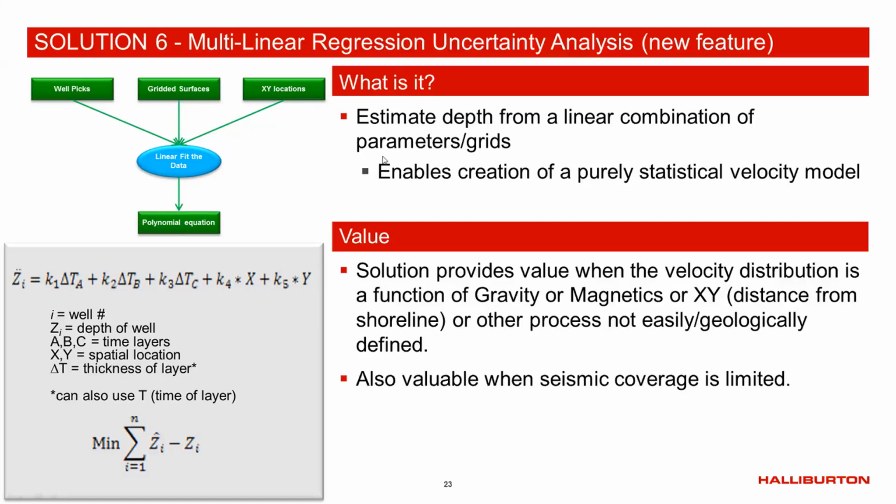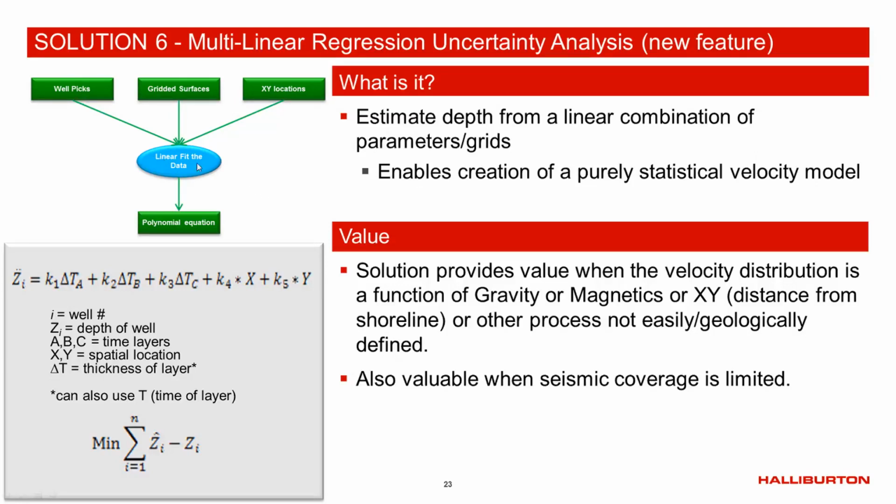What this solution is, you input a whole bunch of different grids, and those grids don't have to be time grids or depth grids or velocity grids. Those grids could be gravity, magnetics, electricity, whatever. You could use XYs and just input a whole bunch of data and let pure statistics figure out what the depths are, and by that I mean the depths of the well picks.